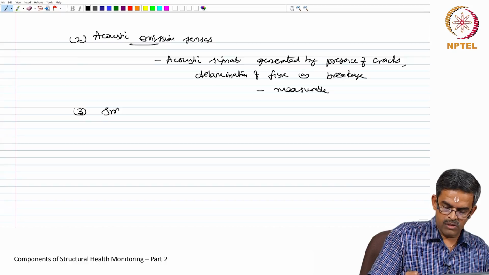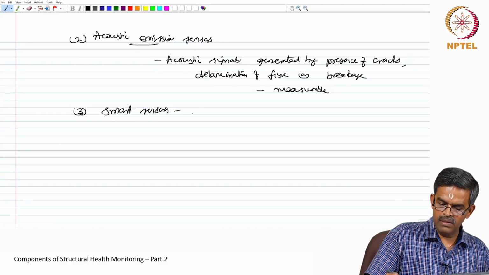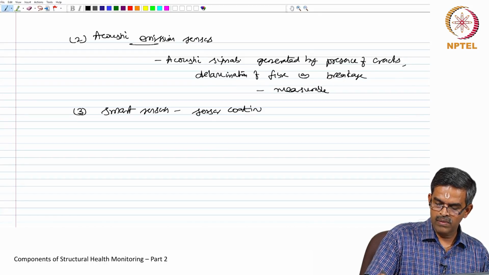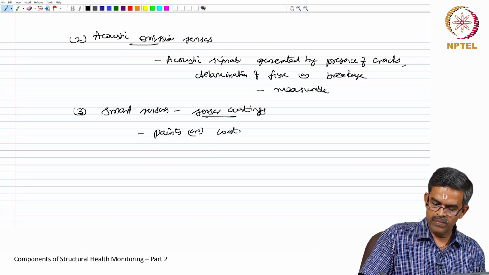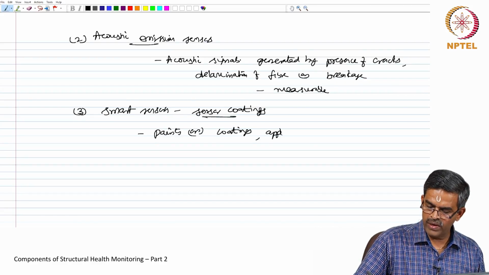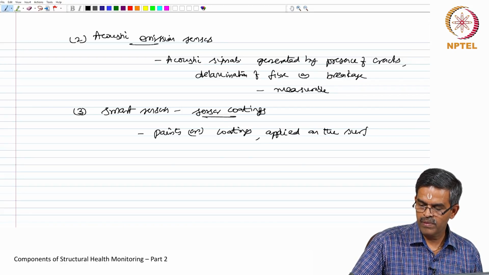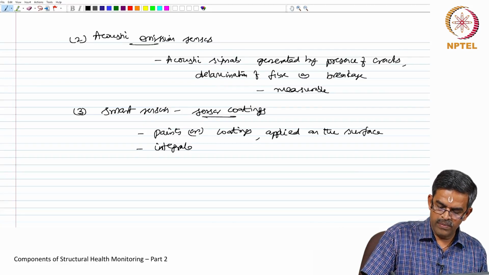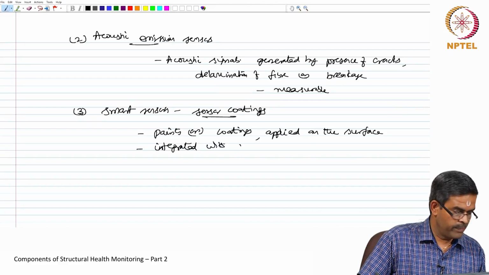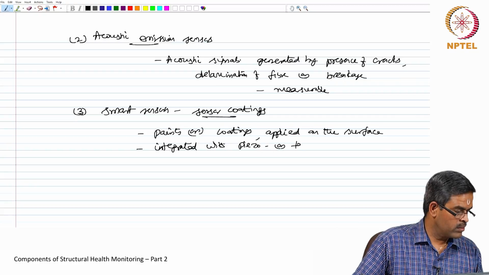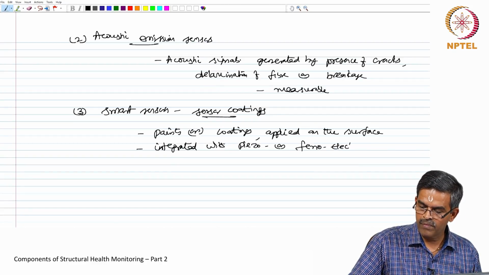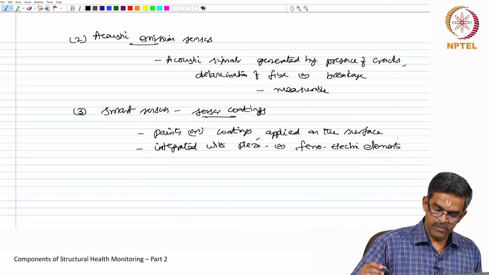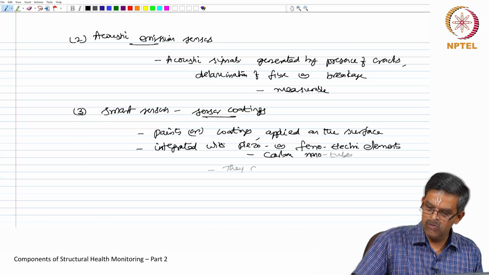One can also use smart sensors, which are otherwise nothing but sensor coatings. There are paints or coatings which are applied on the surface, they remain integrated with the piezo or ferroelectric elements. Sometimes even carbon nanotubes are also being used to detect variation in strain.